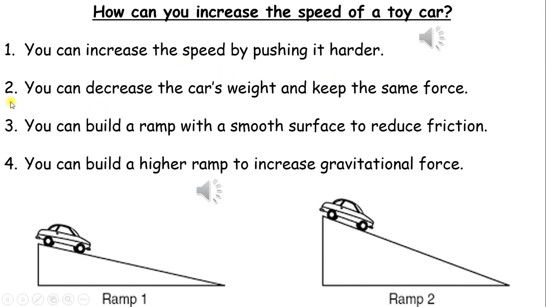You can decrease the car's weight, and keep the same force. You can build a ramp with a smooth surface, in order to reduce friction. More surface friction causes deacceleration. You can build a higher ramp, to increase gravitational force.